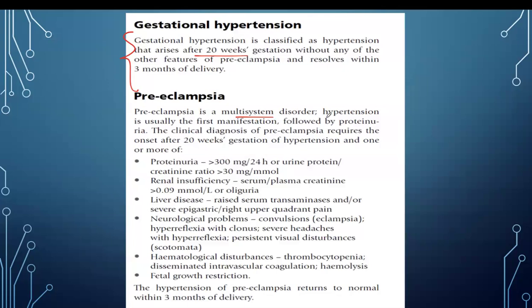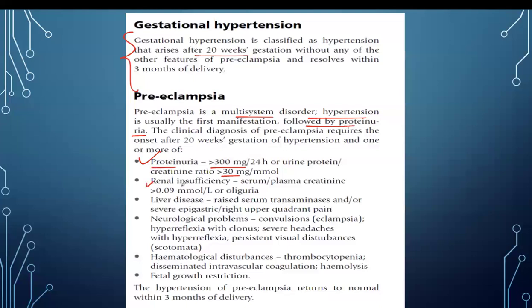So the first thing is definitely the patient needs to be hypertensive. And then, yes, proteinuria is a very important finding for preeclampsia diagnosis. But how much proteinuria? Proteinuria more than 300 per 24 hours, or albumin-creatinine ratio more than 30. Do you need to remember any of them? No. Only know that the patient needs proteinuria.